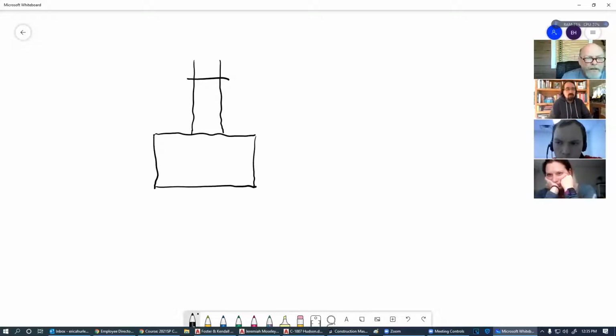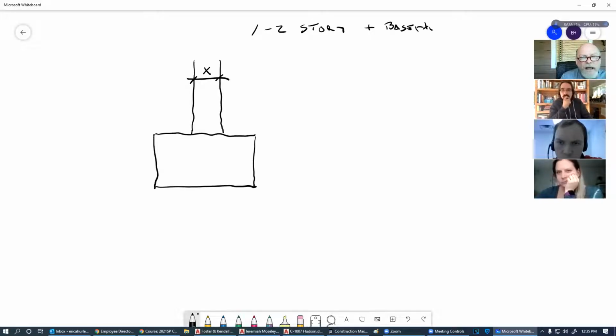Okay, so basically, let's think of it like this. Let's say that this is X. That's the dimension of that foundation wall. And again, this is talking about 1 to 2-story houses, and this also could be plus a basement. So don't count a basement as a story, even though it probably is.